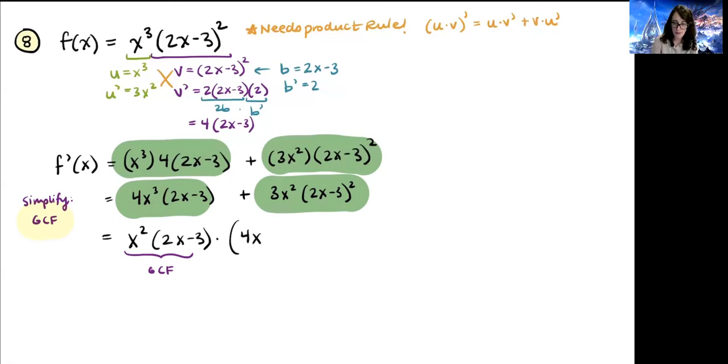So there's no more 2x minus 3 in our first green chunk after we factor out the GCF. Then we have plus, the plus that's separating the green pieces. So we didn't take out a number, so there's still going to be a 3 in that part. We factored out the x squared, but we only factored out one of the 2x minus 3's. So that 3 is going to be multiplied by 2x minus 3.